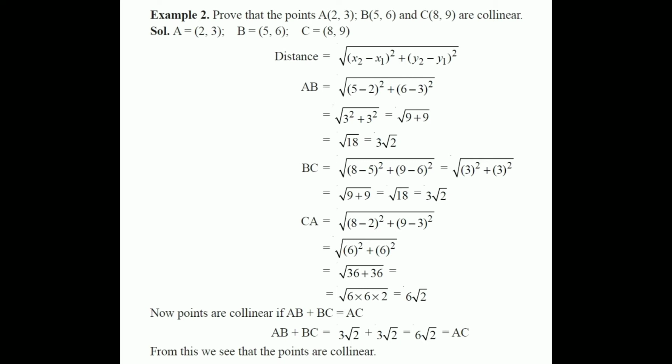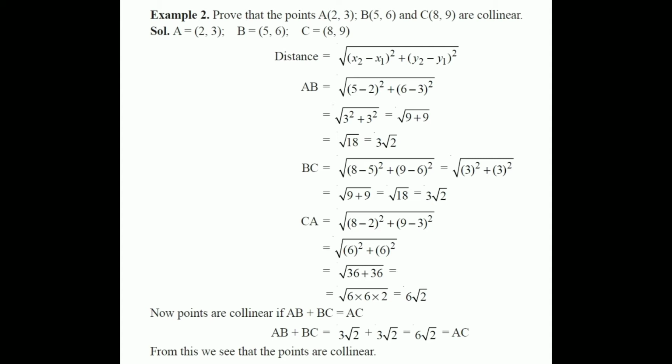And finally the third side CA. For CA, the abscissas are 2 and 8, their difference, and the ordinate values, the y values, are 3 and 9. We write their difference also and we get 8 minus 2 is 6 square plus 9 minus 3 is 6 square under the square root, equal to root of 36 plus 36, it is root 72.